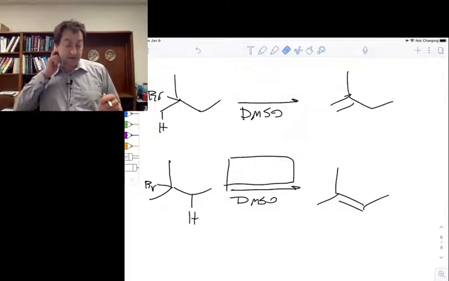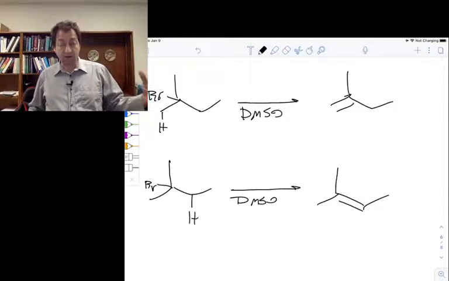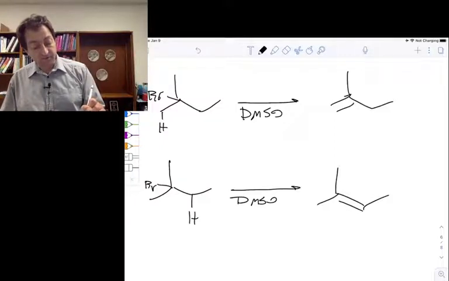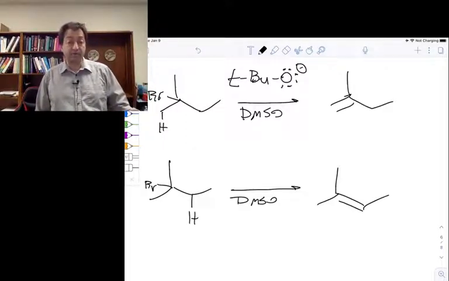Well, we said if we want to get the kinetic product, we want to use a large, bulky base of some kind. And one of the bases that's often quite successful for this is a t-butoxide anion. So this is the anion of t-butanol, or tertiary butanol.